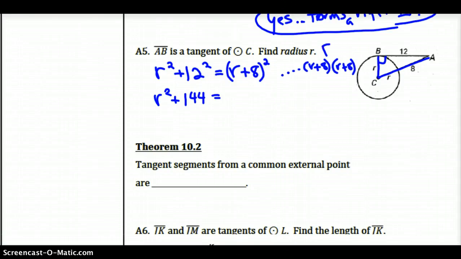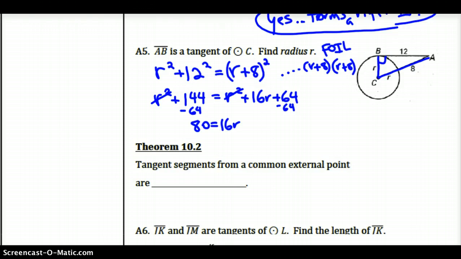So we FOIL, and we get r squared, 8r plus another 8r for 16r. So the O and the I terms are identical and they add up to 16r, and we get 64. Now from here I can subtract off r squareds from both sides. I can subtract this 64 over. I get 80 equals 16r, and after a divide step, I get r equals 5.